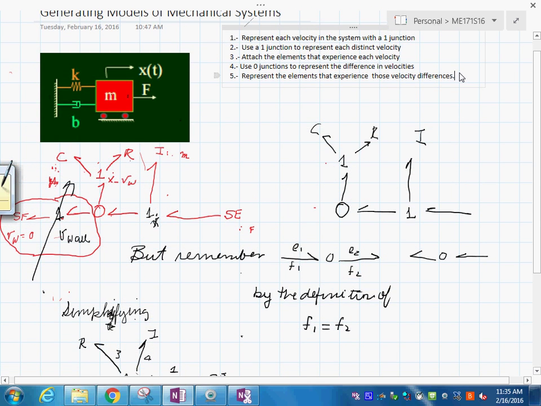And if this is the flow into the one junction, all the others have to be like this. And the efforts are the same, and they're equal to this one right here.